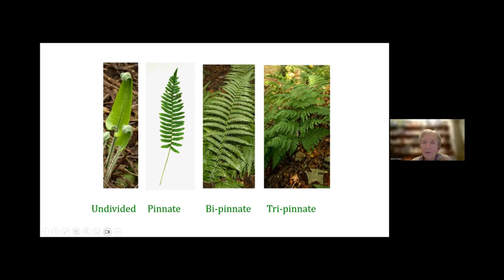And if each of those pinnules is further divided, so that's a pinnule, and it's divided again into pinnulets, then that's tripinnate. And in quite a lot of keys, the first thing it will ask you is, is the frond entire or pinnate? And is it bipinnate or tripinnate?